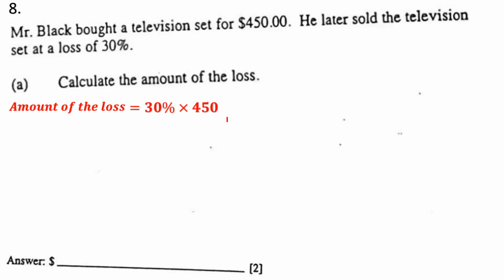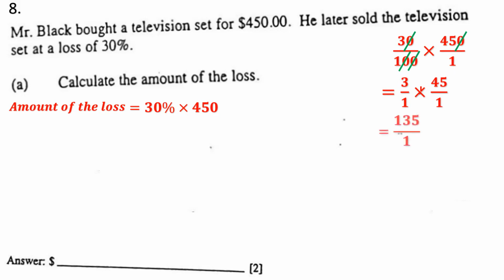But what is 30%? Well, 30% is just 30 over 100 multiplied by 450 over 1. We have to cancel. So this 0 goes with this 0, this 0 goes with that 0. And so we are left with 3 over 1 multiplied by 45 over 1.